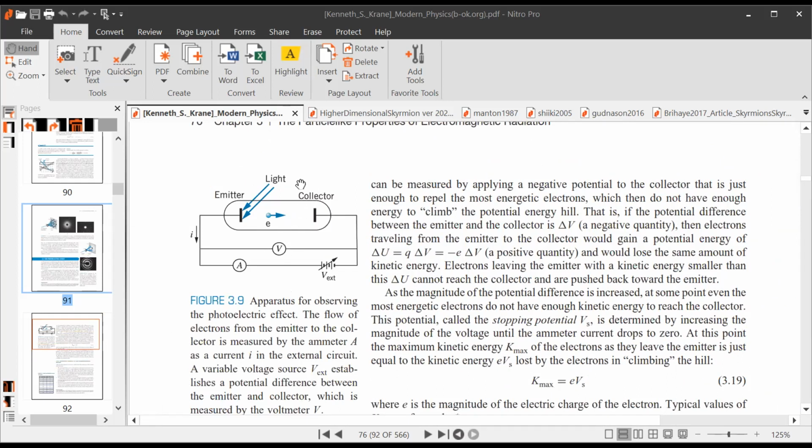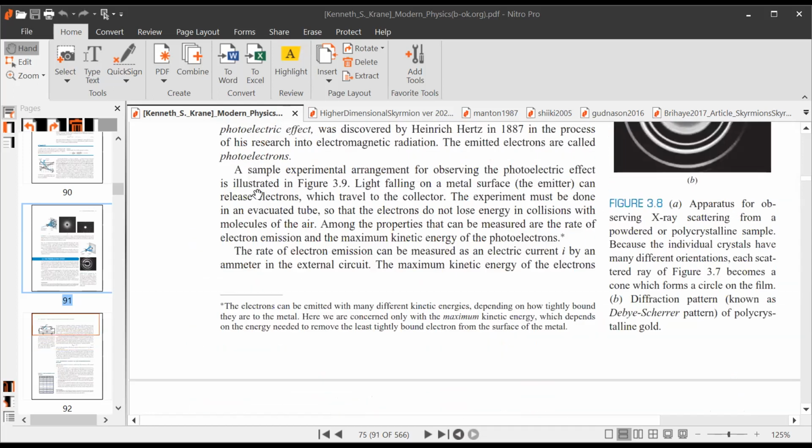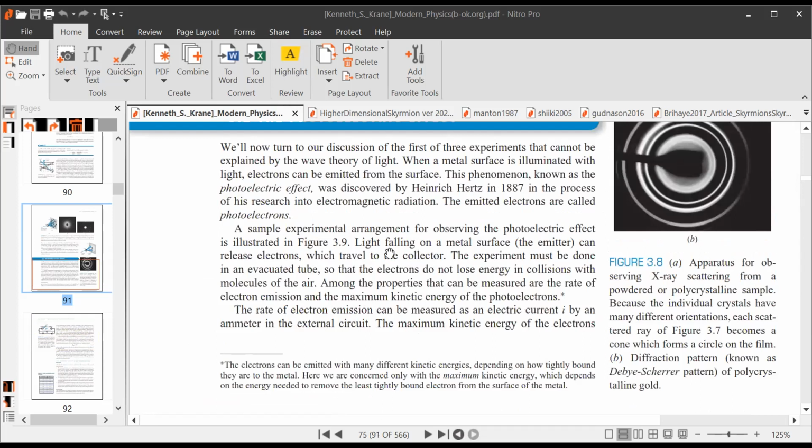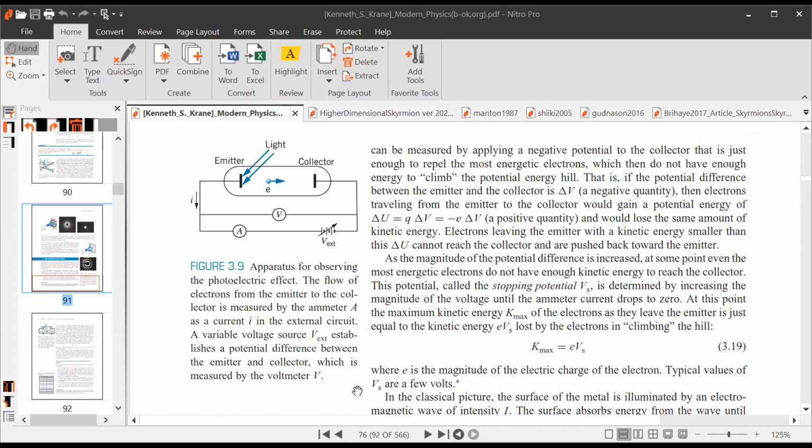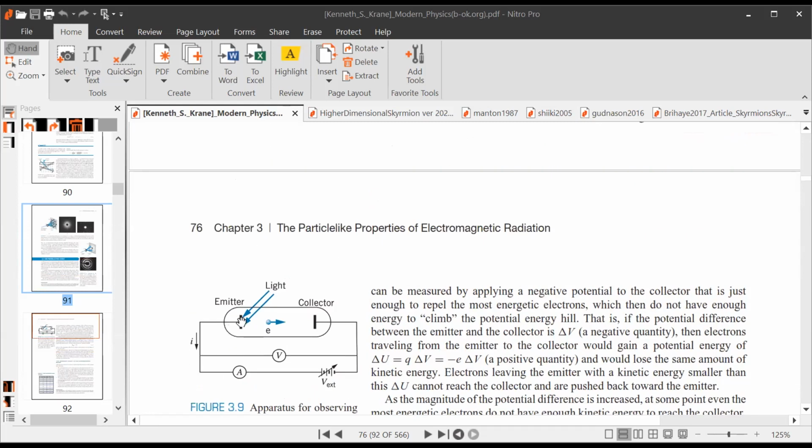So when the light, for example, illuminates this emitter, which is basically made from metal, the light falls onto the surface of this emitter, and then the electrons are released from this emitter.